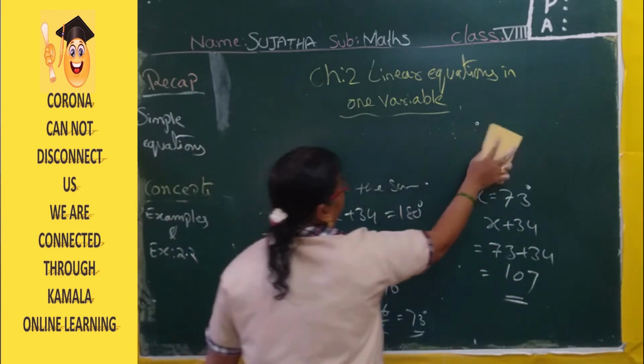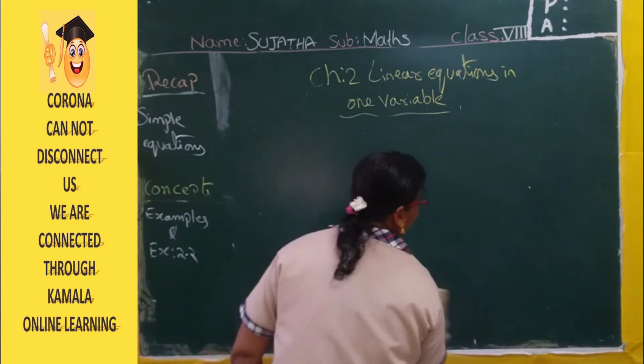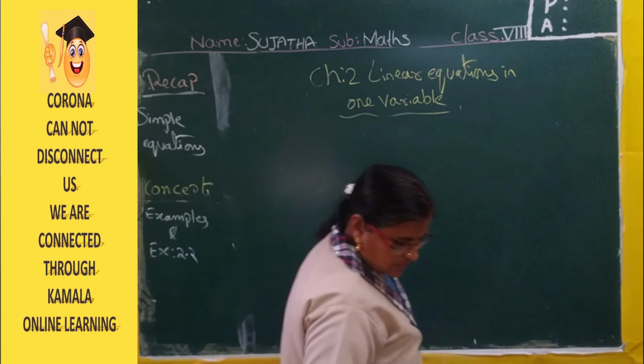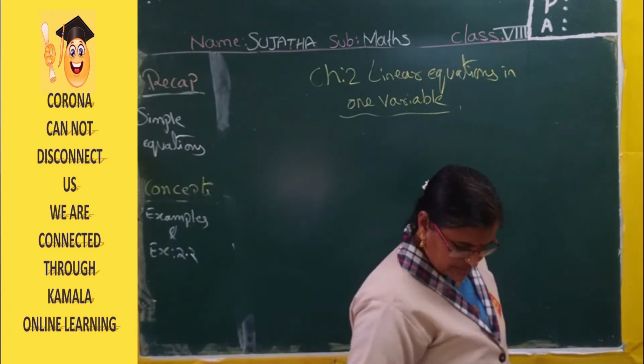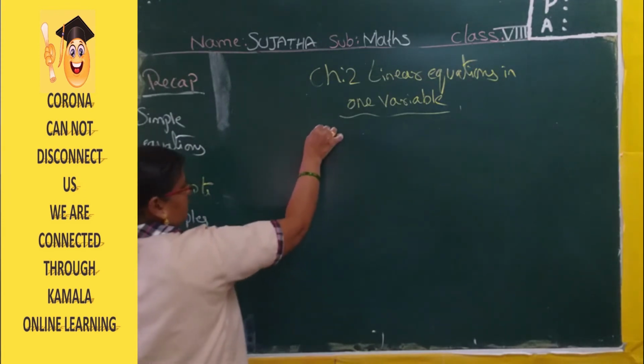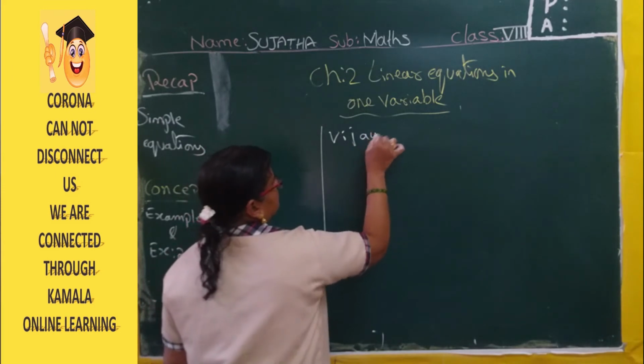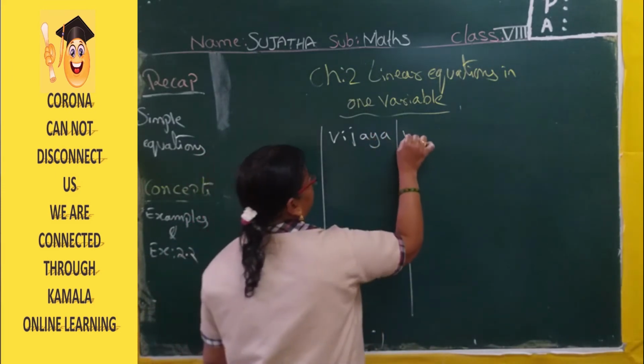Here in tabular form I will explain clearly. The present age of Vijaya's mother. Here present age, and Vijaya and her mother both we will take. Here Vijaya, and here Vijaya's mother.